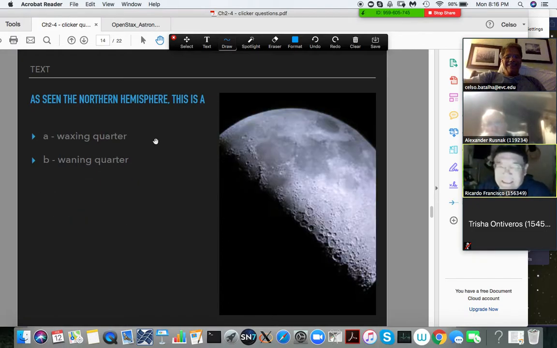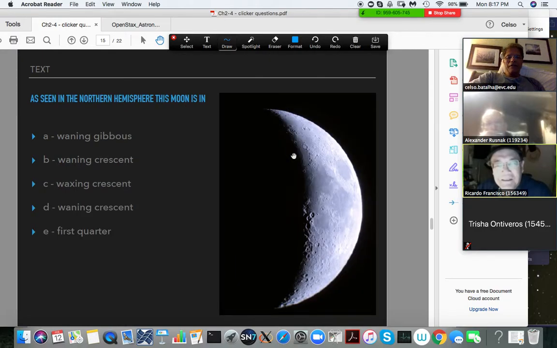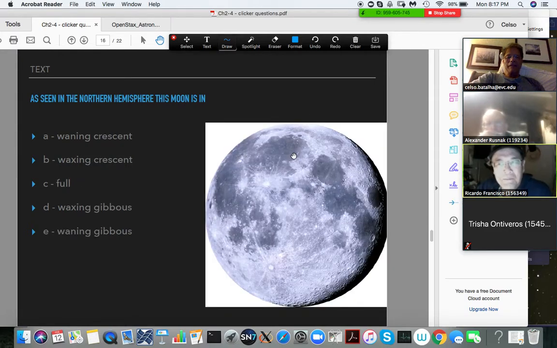Full moon. Oh, okay. Look at this one. This is a first quarter. It's a waxing quarter. This is a crescent, waxing crescent. That's not a full moon. See this part over here, at the right-hand side? It's kind of dark. So it's a gibbous, but the sharp edge that I can hold on to is the left side, right?